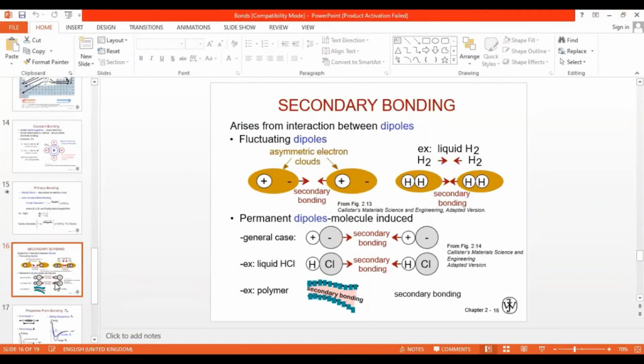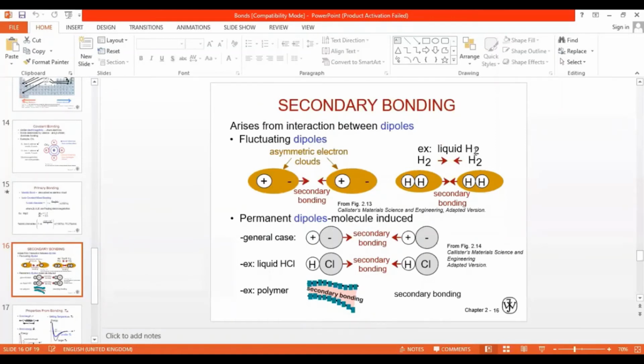Now we have secondary bonding. In secondary bonding there are a few types of bonds, arising from interaction between dipoles. So we'll see what these dipoles are. If we take liquid hydrogen, it has H2, with 2 H atoms.